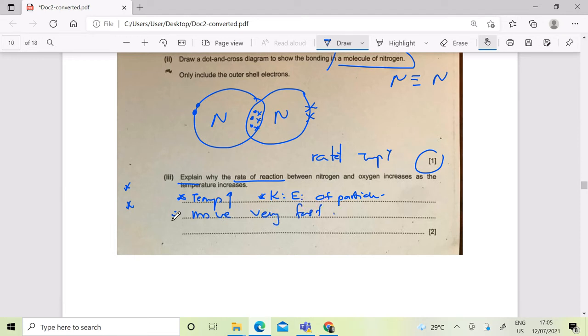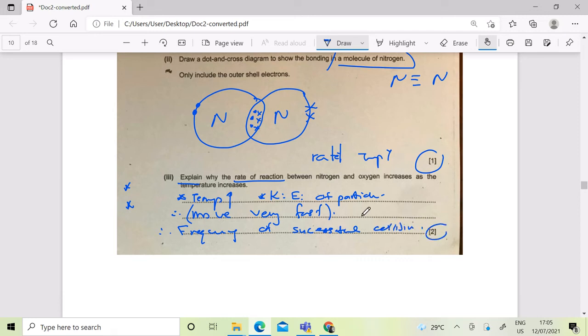In other words, therefore the frequency of successful collisions increases. That is enough for 2 marks.